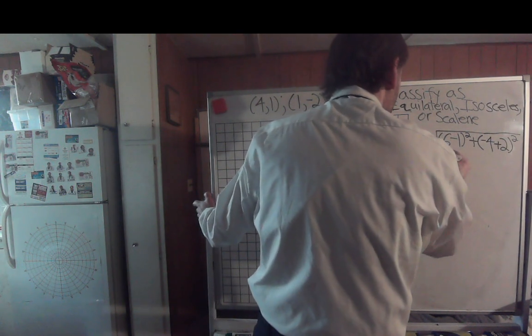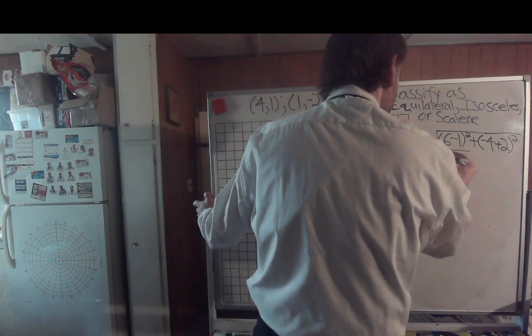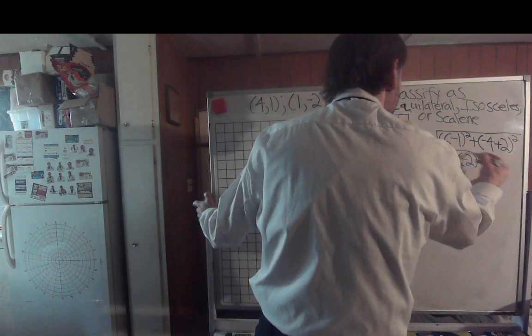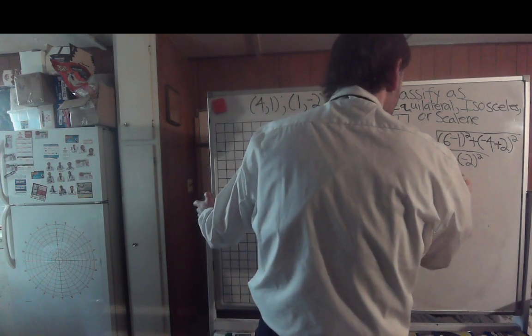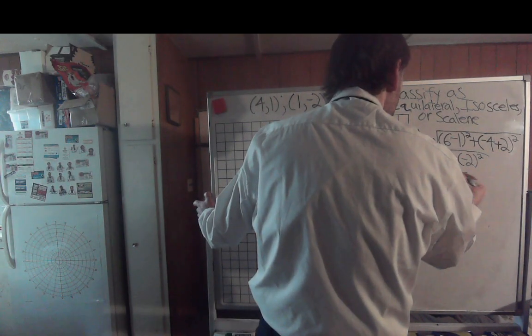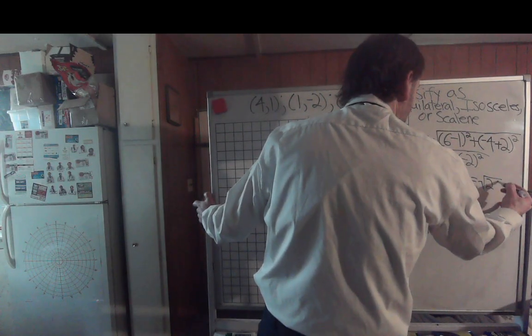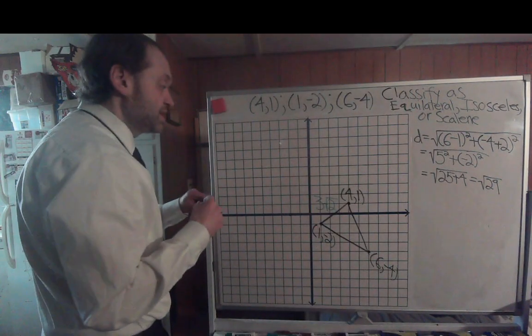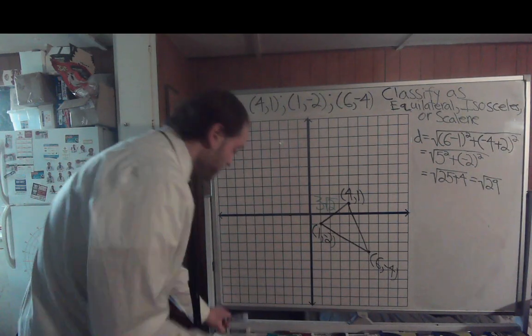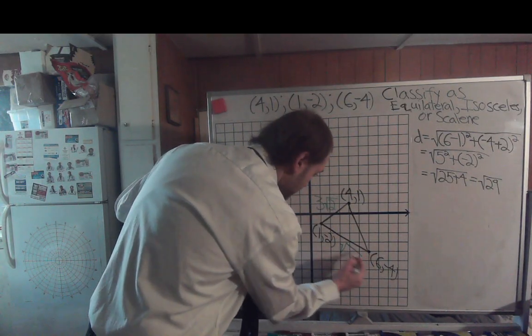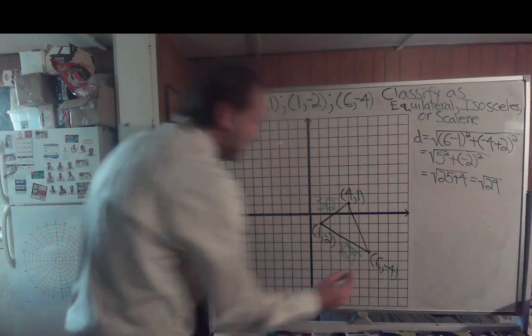That's going to equal the square root of 5 squared plus negative 2 squared, which would give you the square root of 25 plus 4, which gives you the square root of 29 with no further way to reduce it. So this side here has a length of the square root of 29.